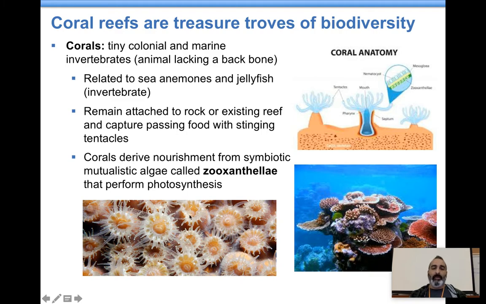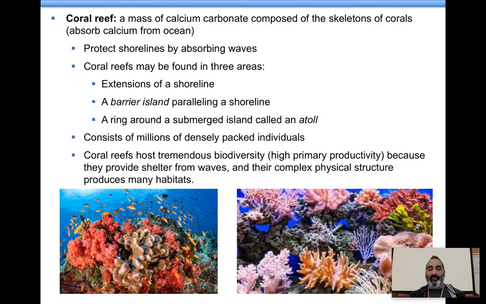So what's happening? Coral reefs are structures made out of calcium carbonate, the skeletons of the coral for the most part. They're generally located in some cases right on coastlines of islands, and they protect shorelines from waves, and wave damage will do erosion.